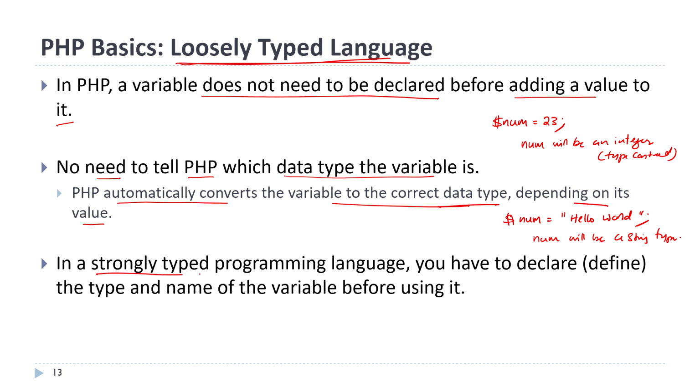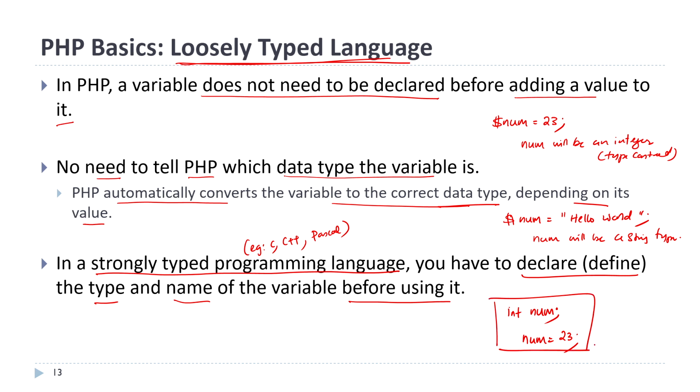In a strongly typed programming language, for example C, C++, or Pascal, all of these are strongly typed programming languages. You have to declare or define the type and the name of the variable before using it. In C, you will have to say int num, and then you say num is equal to 23. You can do this.